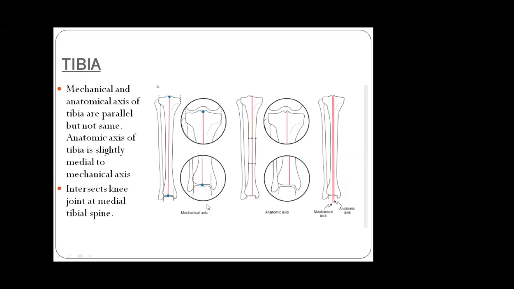The anatomical axis, the mid-diaphyseal line, goes from the medial tibial spine to the center of the ankle. The difference between the two is very minor, so for all practical purposes, for the tibia, they are taken as the same.